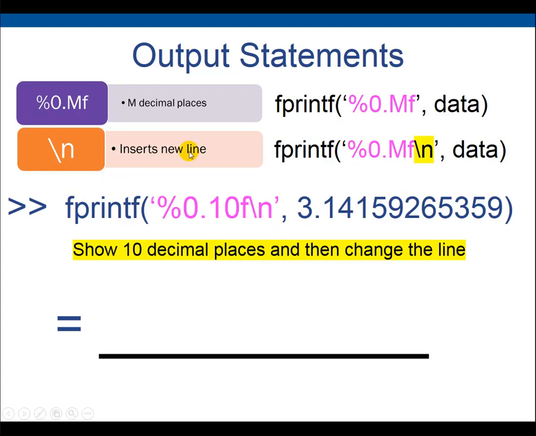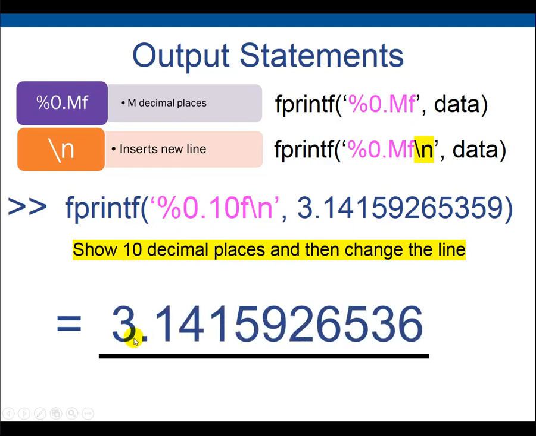It inserts a new line: show 10 decimal places, 1, 2, 3, 4, 5, 6, 7, 8, 9, 10, and change the line. The cursor should not be here, it should be on the next line because of this \n.